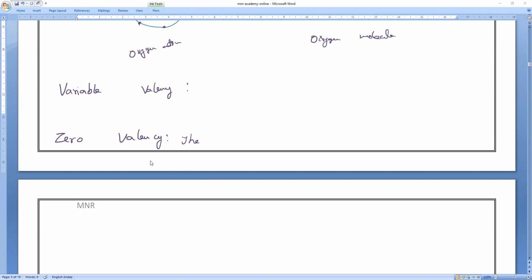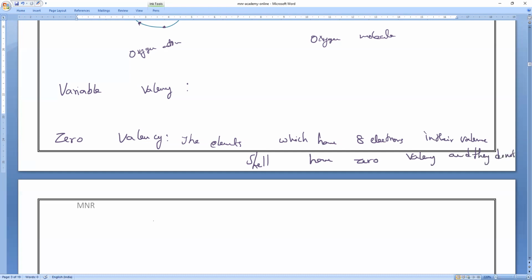Okay. So zero valency means the elements which have only the K shell, or which have 8 electrons in their valence shell, have zero valency, and they do not take part in chemical reactions.